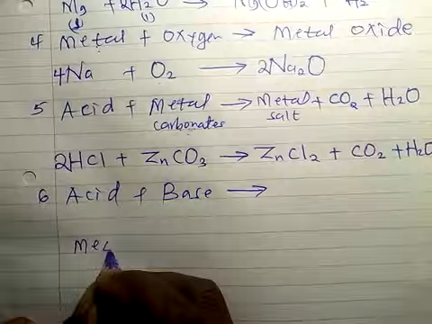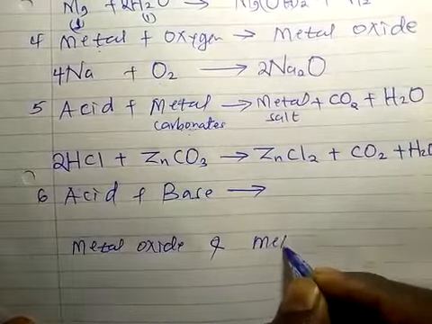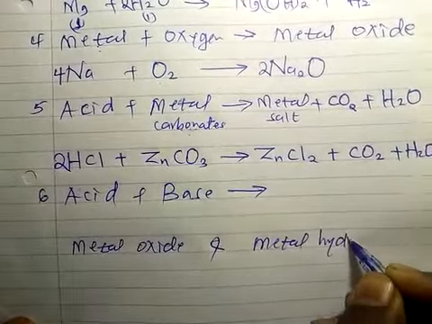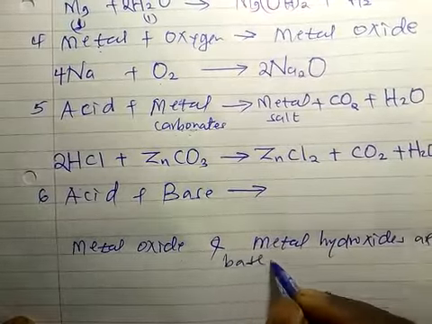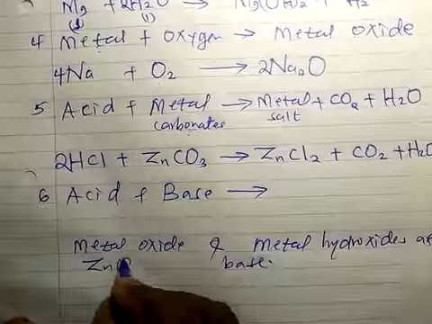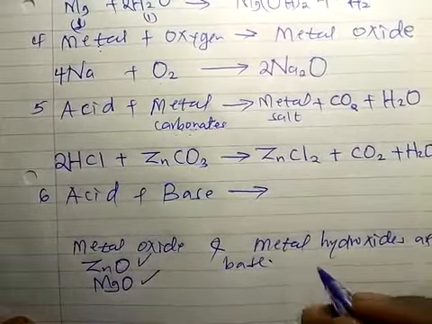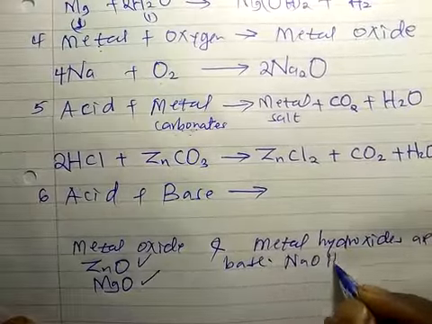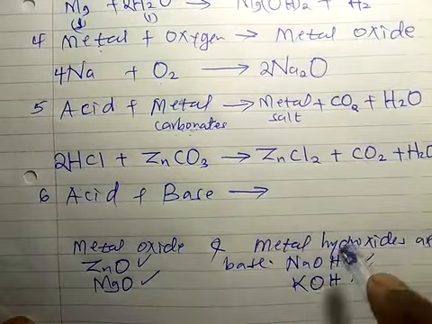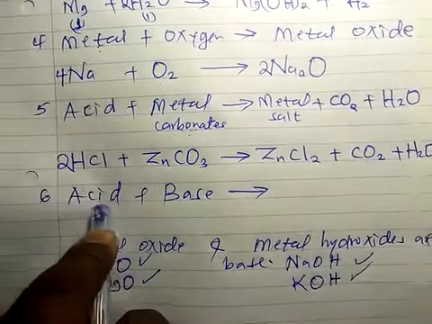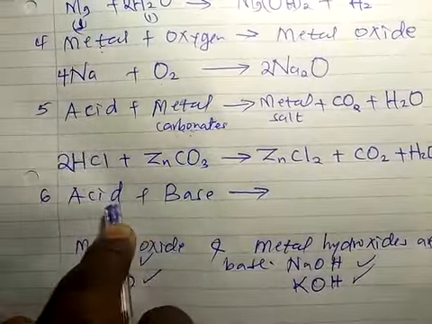Metal oxides and metal hydroxides are bases. For example, zinc oxide and magnesium oxide are bases. Sodium hydroxide and potassium hydroxide are bases. So whenever you see a hydroxide reacting with an acid, or a metal oxide reacting with an acid, that one is a base.